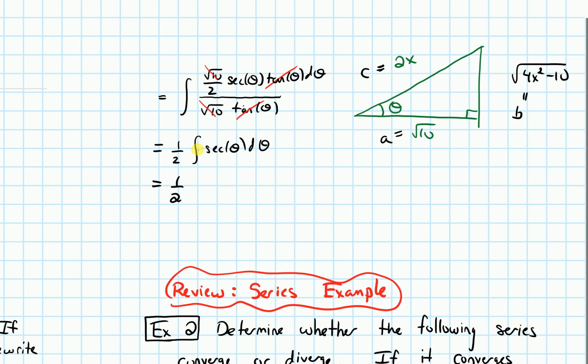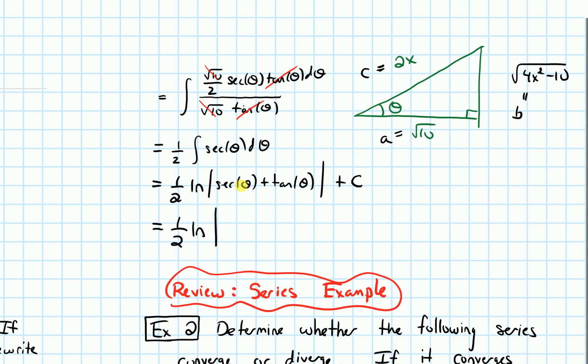We've seen the integral of secant before. This is one that we might have to look up to remember if we don't quite remember it, but we've seen this a number of times now in the videos and in the homework. This is ln absolute value secant theta plus tangent theta. And then indefinite integral, so I put a plus c. I can't stop here because remember, my original integral was in terms of x, not theta. So I have to plug back and get it in terms of x. So I use my triangle for that.